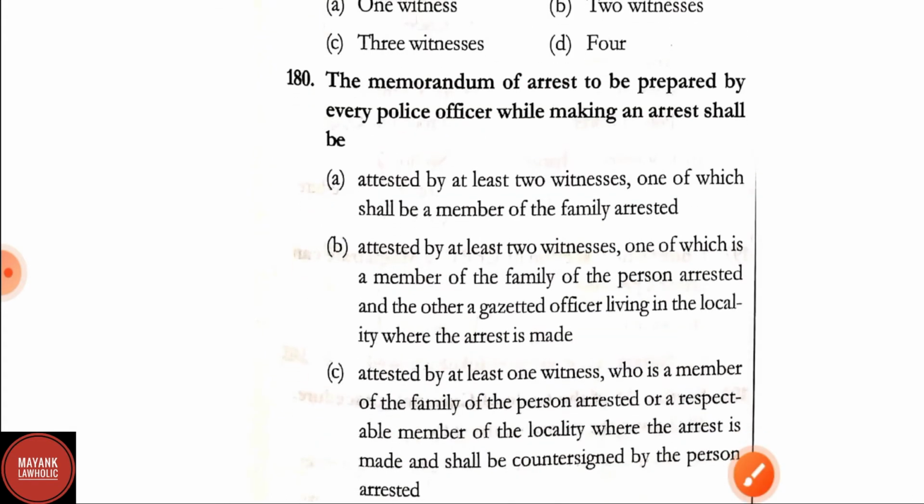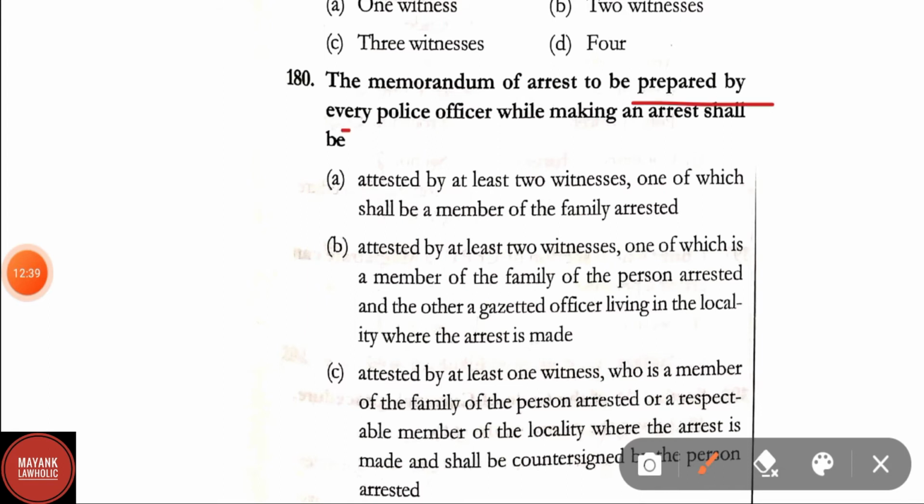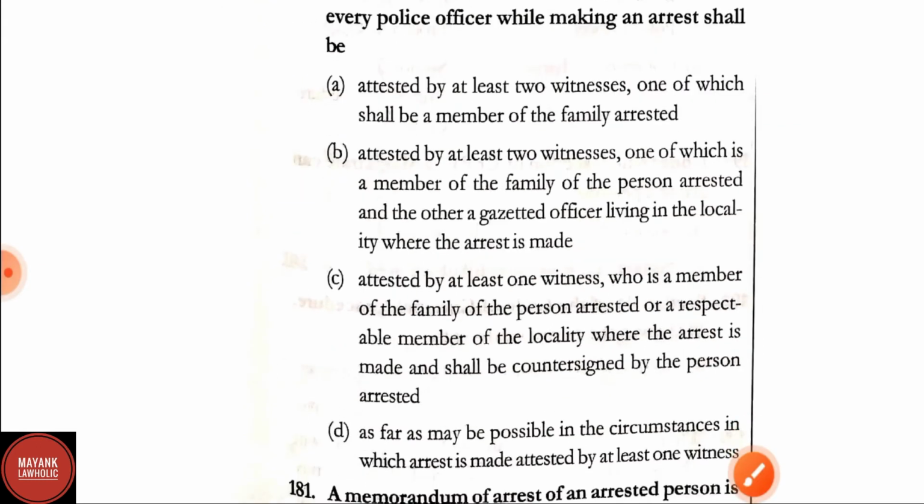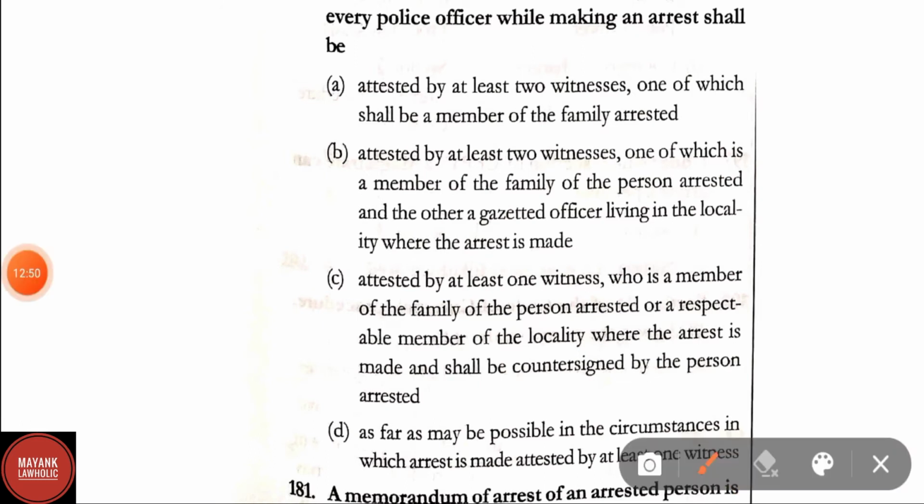Question number 180. The memorandum of arrest to be prepared by every police officer while making an arrest shall be, option A, attested by at least 2 witnesses, one of which shall be a member of the family arrested. Option B, attested by at least 2 witnesses, one of which is a member of the family of the person arrested and other a gazetted officer living in the locality where the arrest is made.